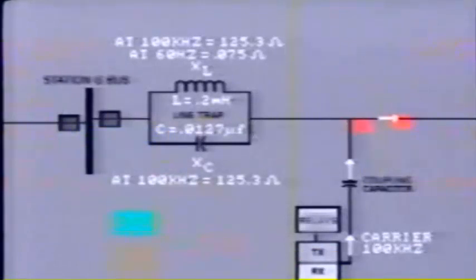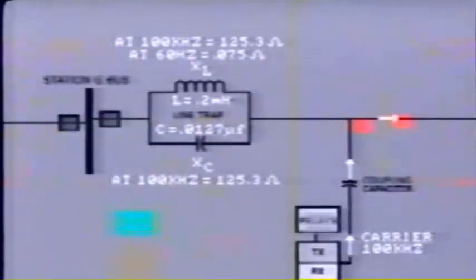0.0127 microfarads. But what is the effect of this capacitor at power system frequency? Well, at 60 hertz, the capacitive reactance will be equal to about 200,000 ohms. So we see that virtually all of the 60 hertz current will flow through the inductor, which has only 0.075 ohms.